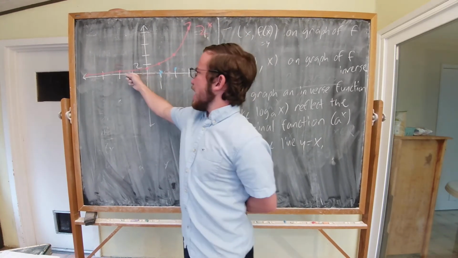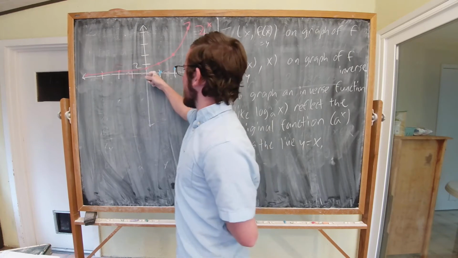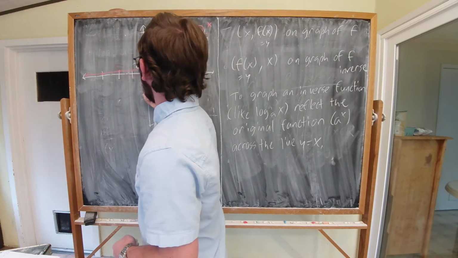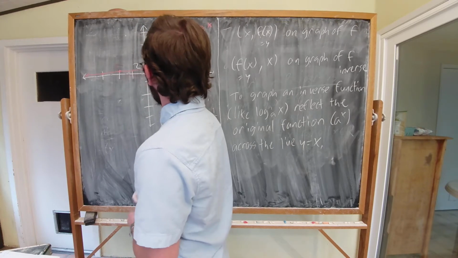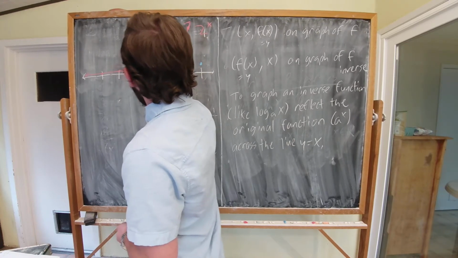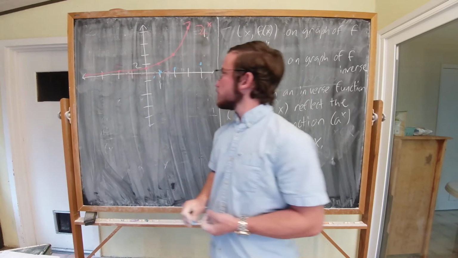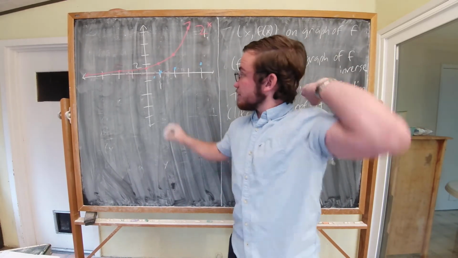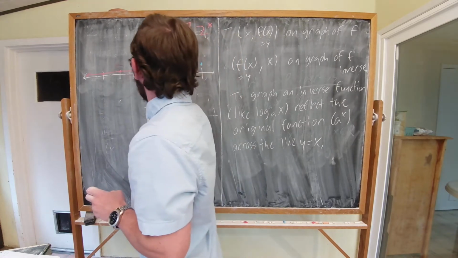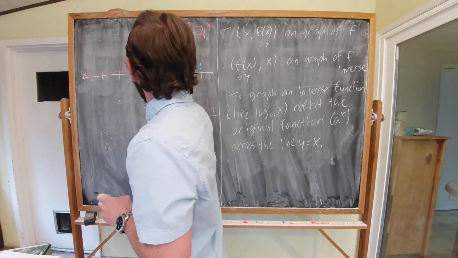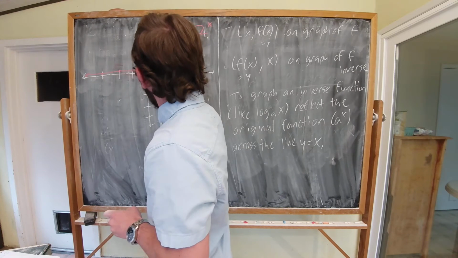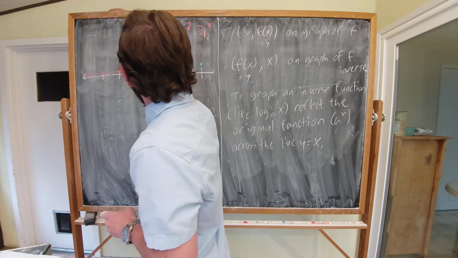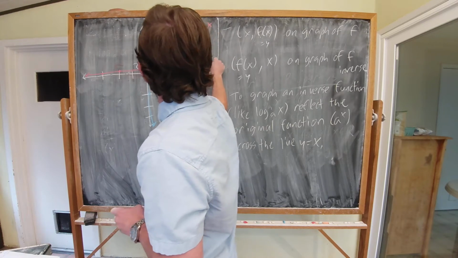We have negative 1, 1/2, meaning we're going to have 1/2, negative 1. We have negative 2, 1/4, meaning we're going to have the point 1/4, negative 2, and so on. Which means that the graph of a logarithm function is going to look roughly like this.